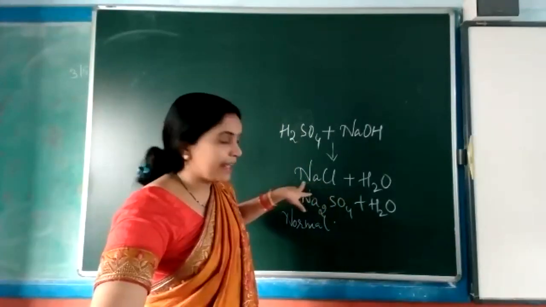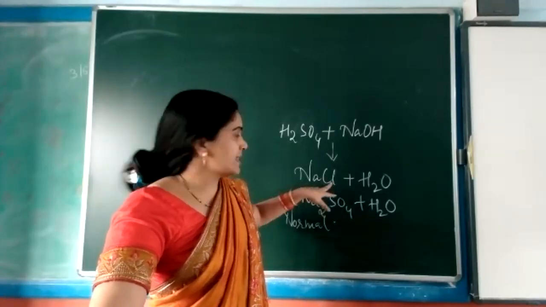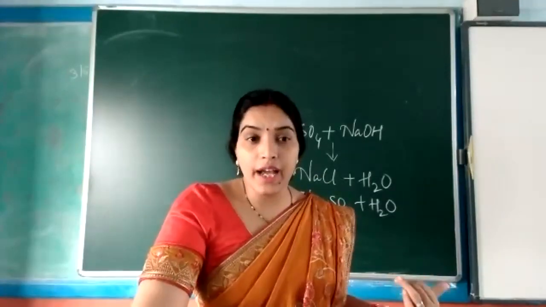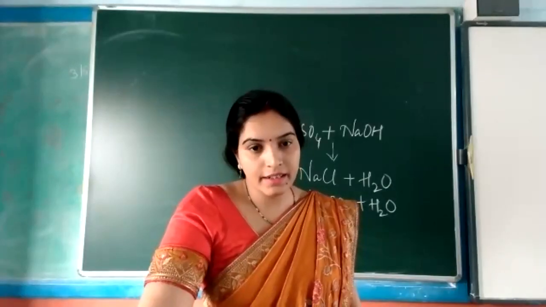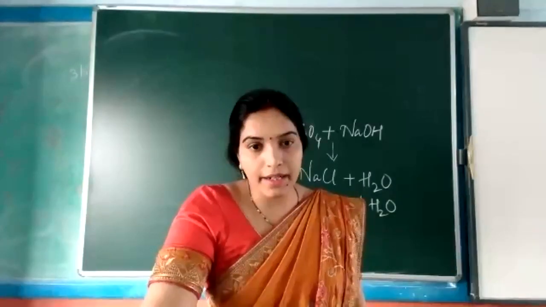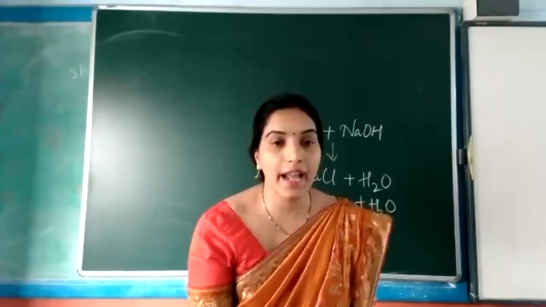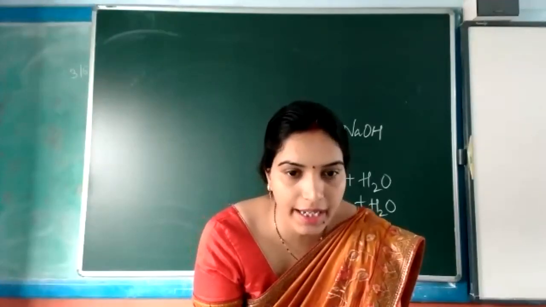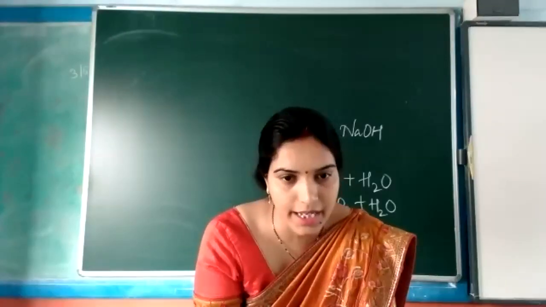See an example, NaCl, common salt. When we dissolve this common salt in water, it will ionize into Na plus and Cl minus. Both are opposites, so definitely there is a tendency of attraction, that is interionic force of attraction between the ions, and thus formation of sodium chloride takes place.